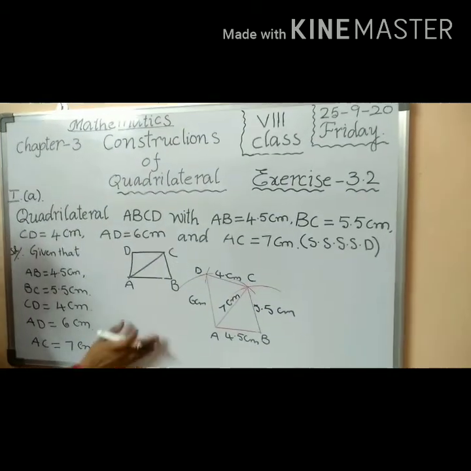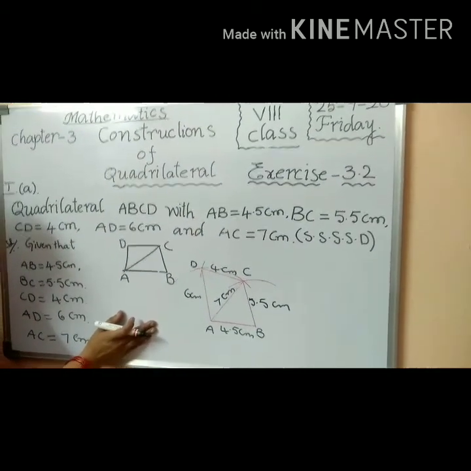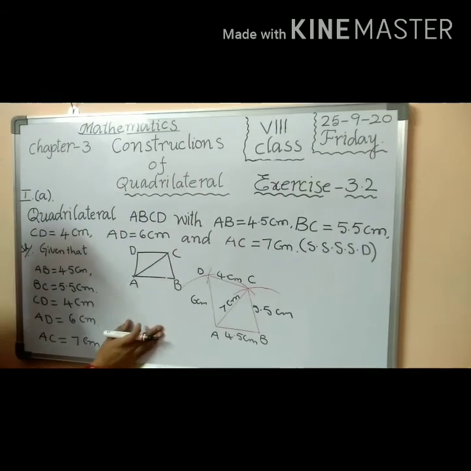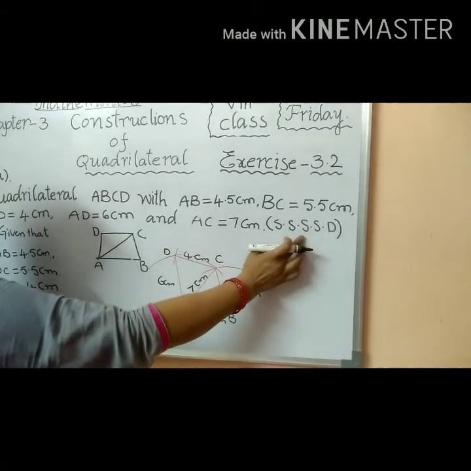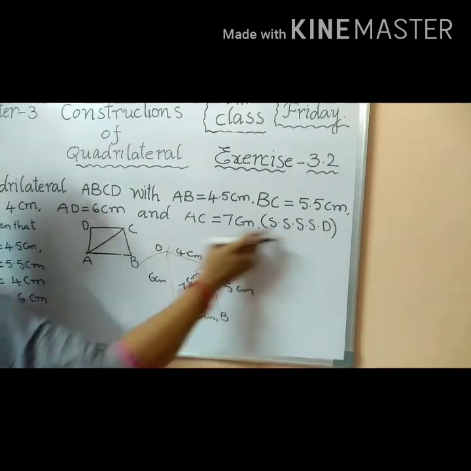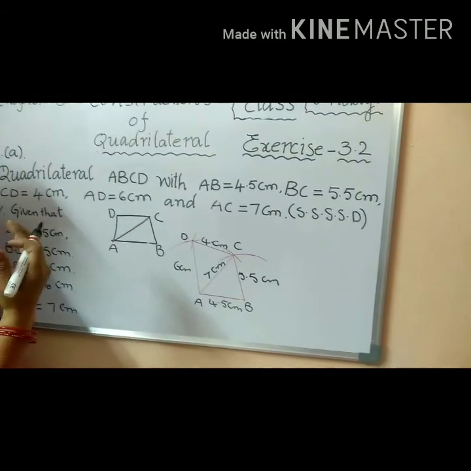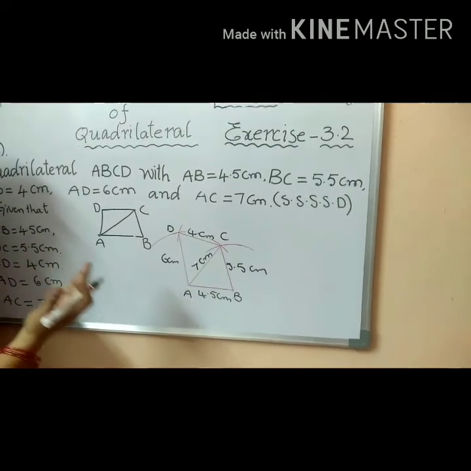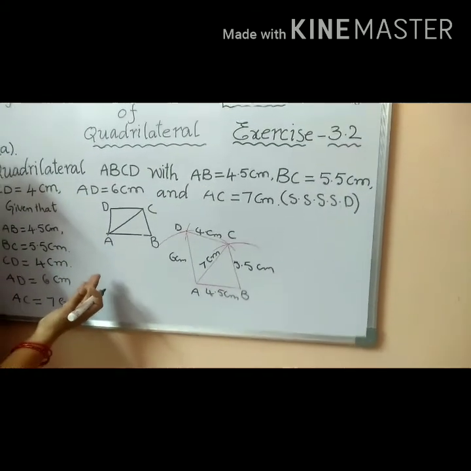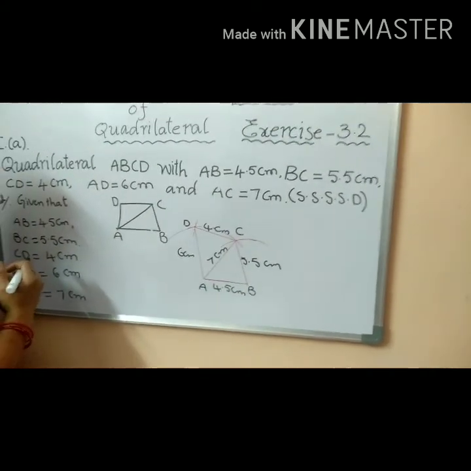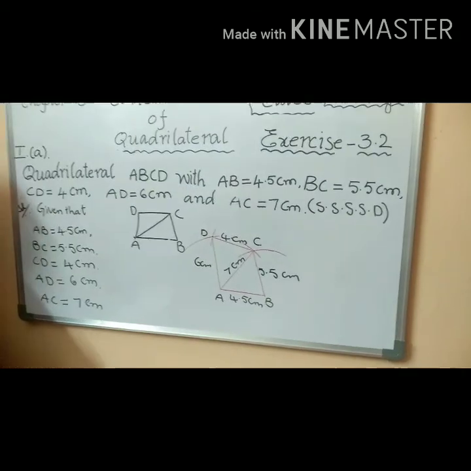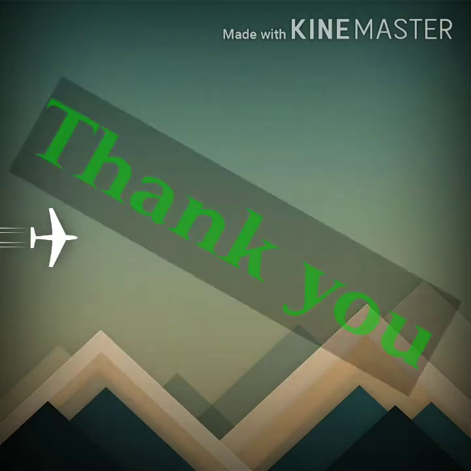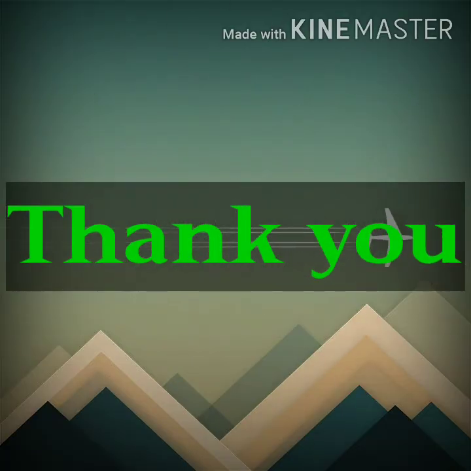So it is the property of constructing a quadrilateral with side, side, side, side and diagonal. It means that any 4 sides and 1 diagonal are given for the quadrilateral. Okay, thank you, my dear students.